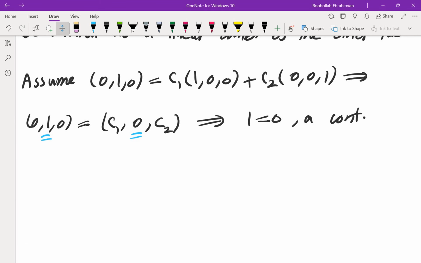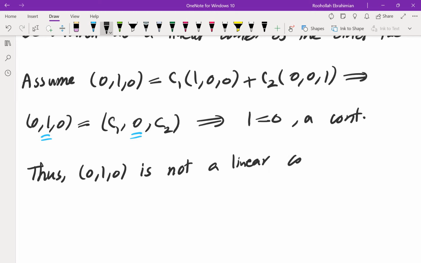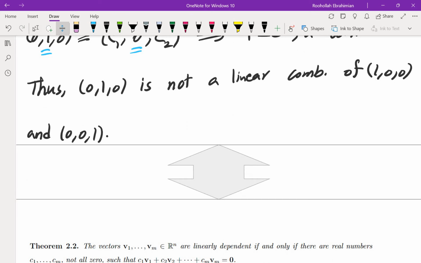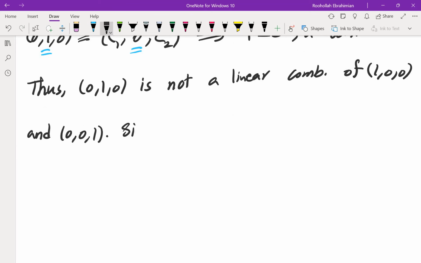So the second one also cannot be written as a linear combination of the other two. So (0, 1, 0) is not a linear combination of (1, 0, 0) and (0, 0, 1). Similarly, the last one is also not a linear combination of the first two.